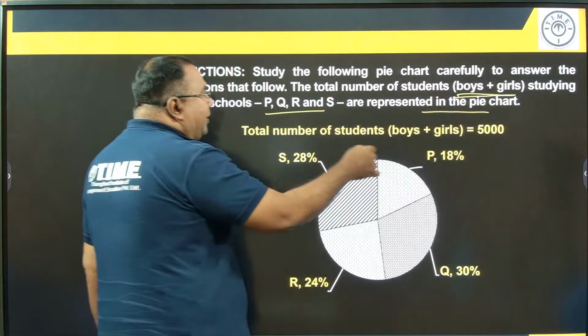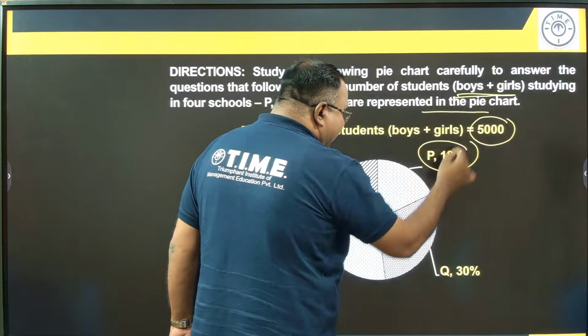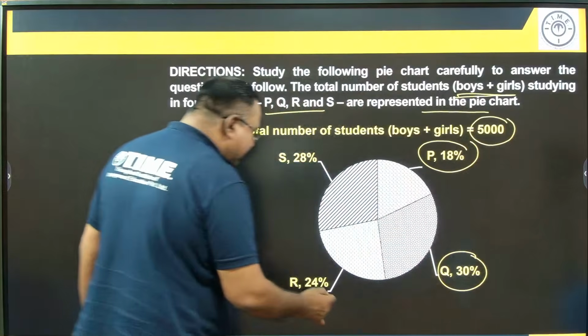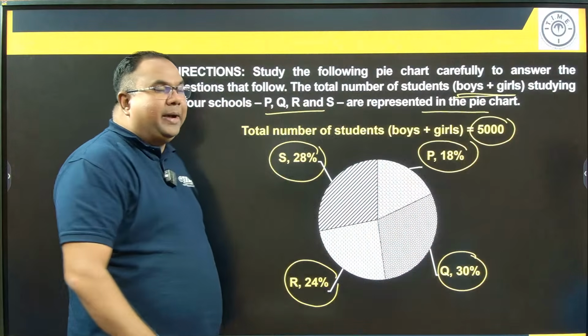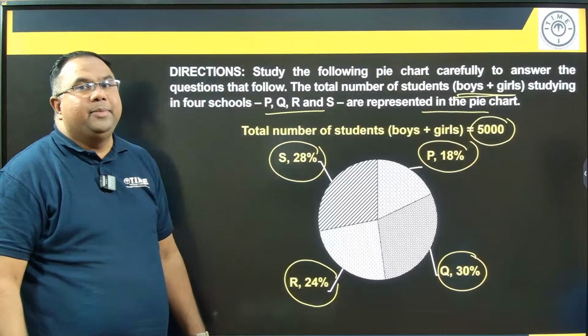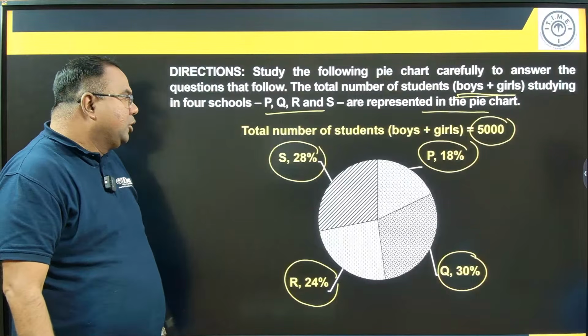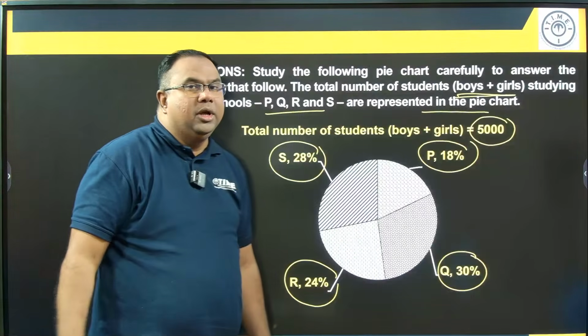Total is 5,000. We have P 18%, Q 30%, R 24%, S 28%. Whenever a pie chart is given in percentage, you add all the values, and it must equal 100%. So 28 plus 18 is 46, plus 30 is 76, plus 24 is 100%.